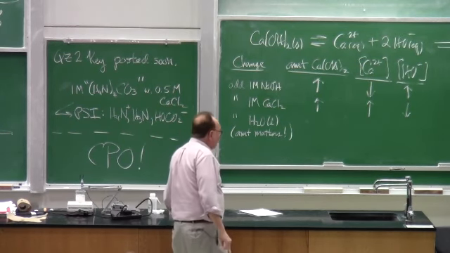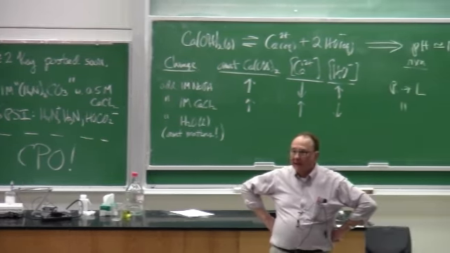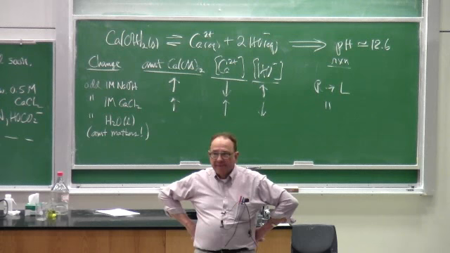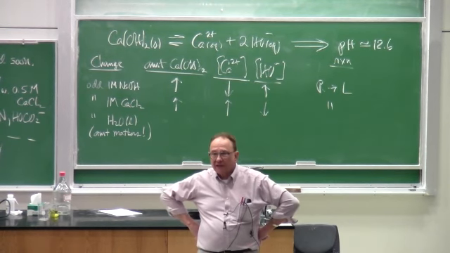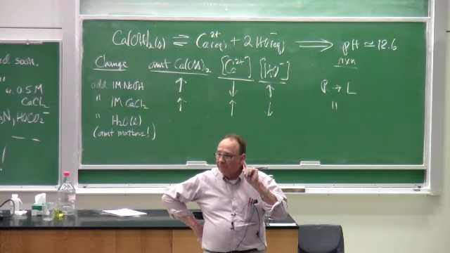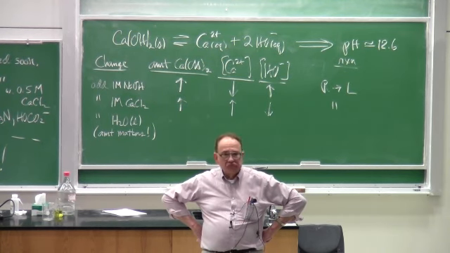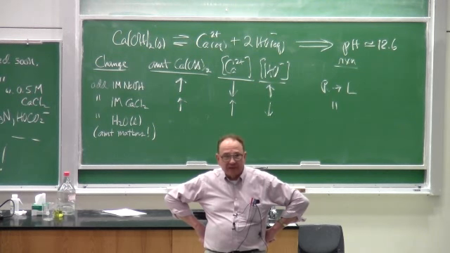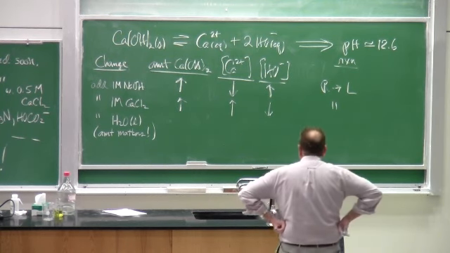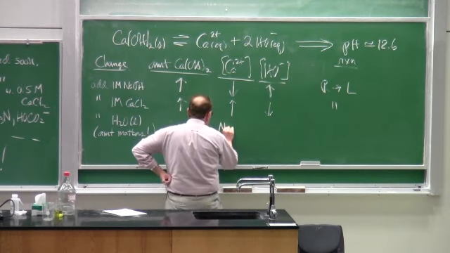As long as on adding water and stirring I see calcium hydroxide remaining in the system, what can I say about the calcium ion and hydroxide ion concentrations? They decrease. They what? They stay the same. As long as calcium hydroxide is there, the equilibrium is preserved, is it not? That's the solvent. NC for no change.